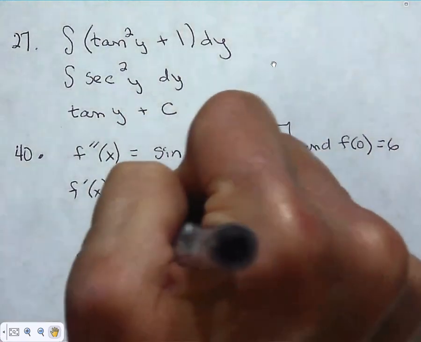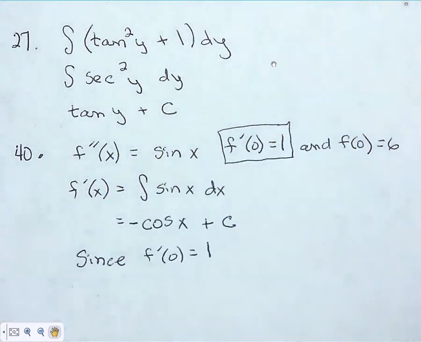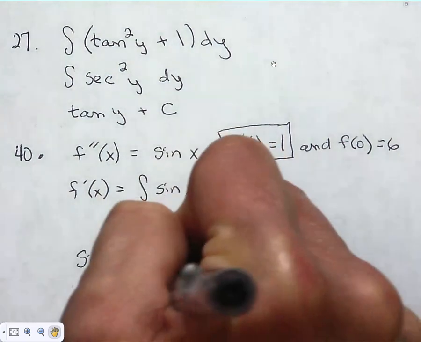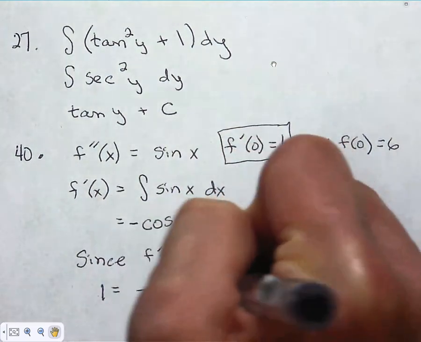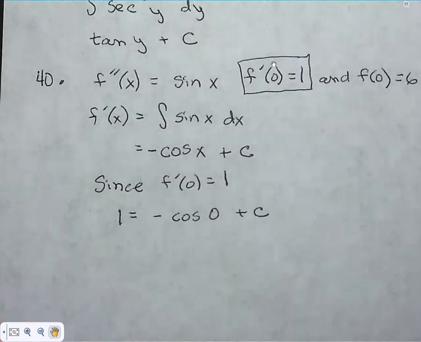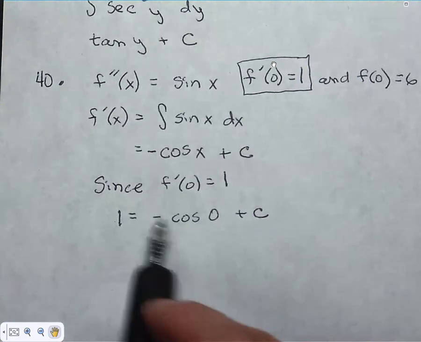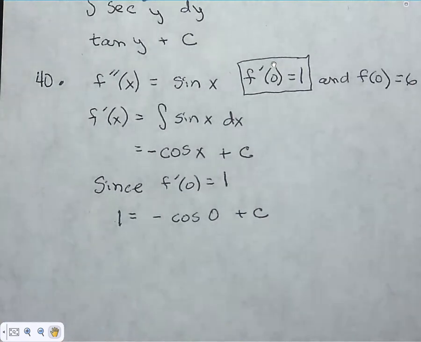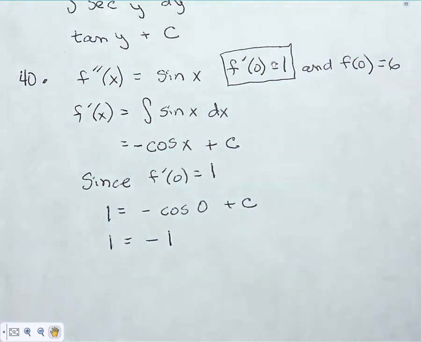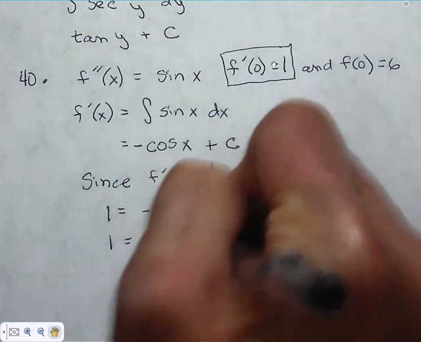Since f prime of 0 is 1, that means if I put 0 in the place of x and set the derivative equal to 1, I can find the value of that constant. What's negative cosine of 0? Cosine of 0, the x coordinate at 0 radians, is 1, and so negative cosine of 0 would be negative 1, and so what is that constant?